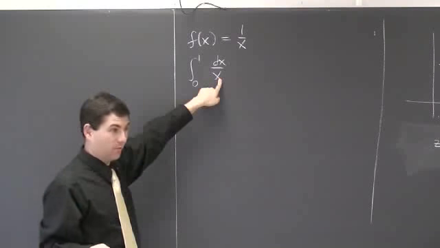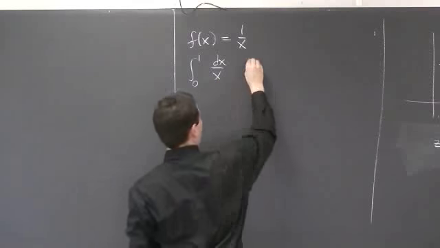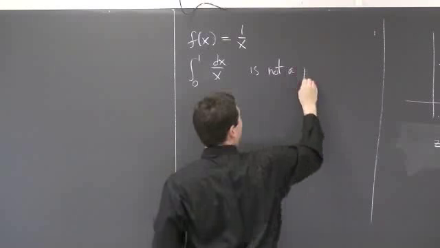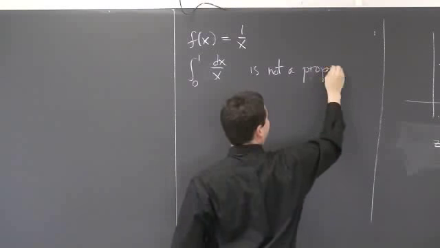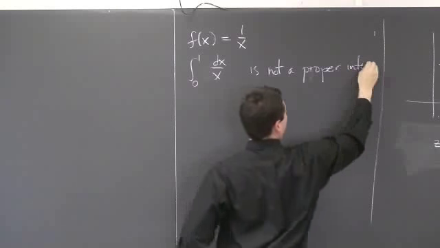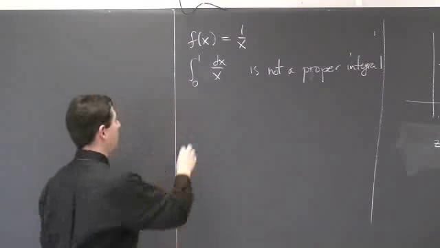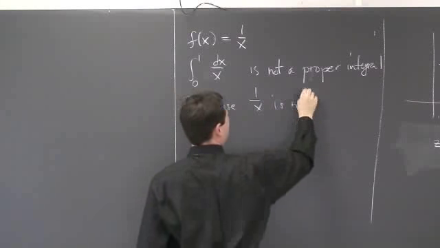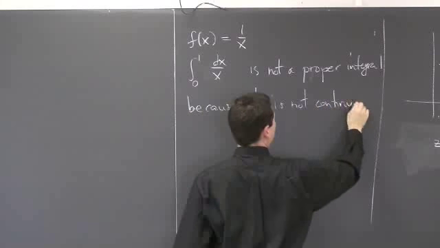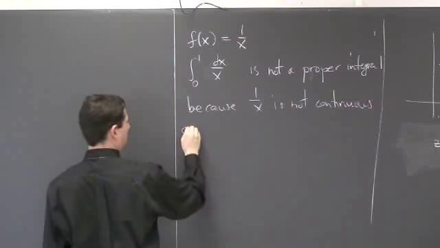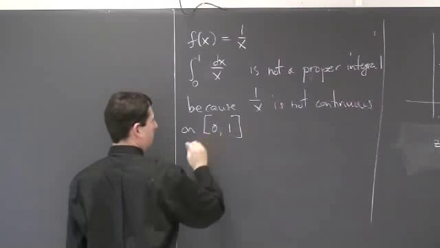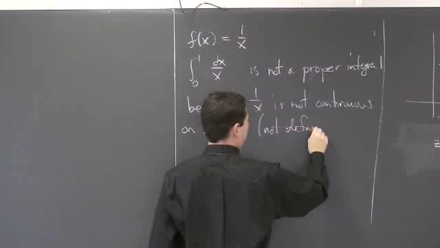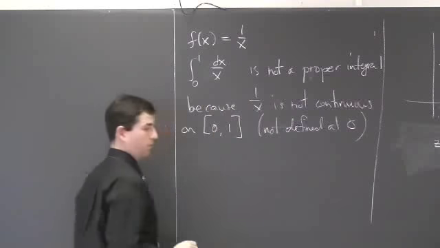It has to be defined in the first place. So this is not a proper integral, because 1 over x is not continuous, or even defined, on 0, 1. That was the problem.